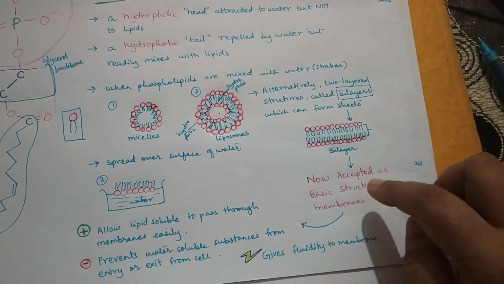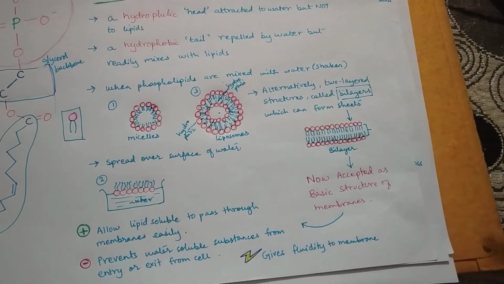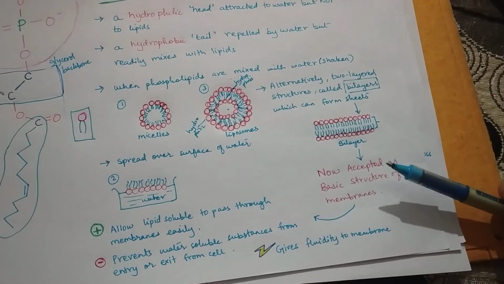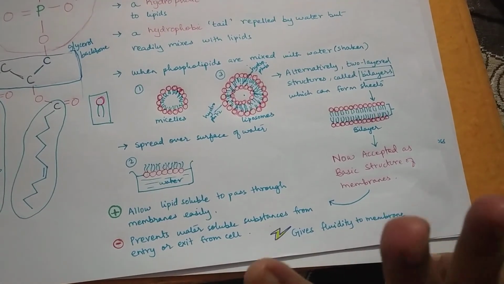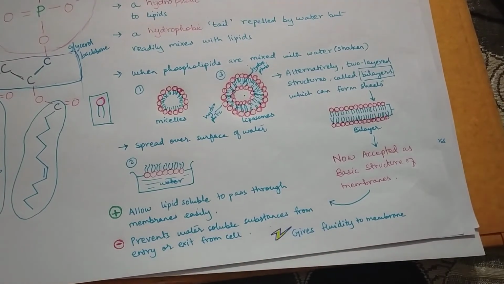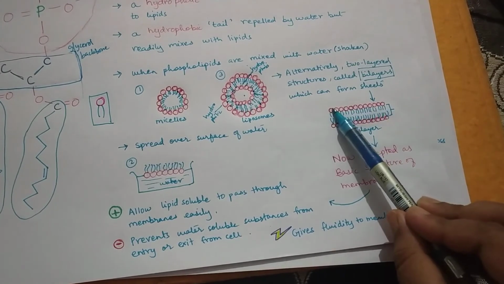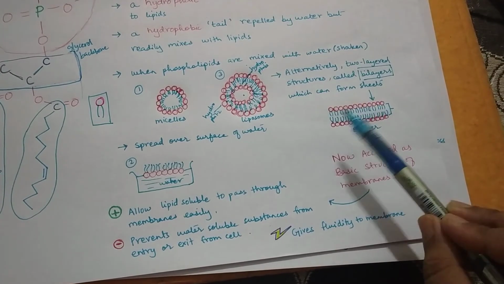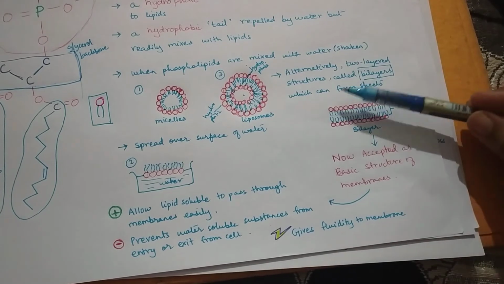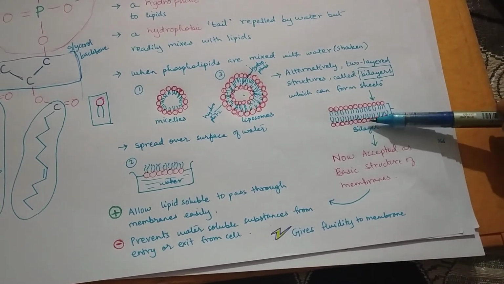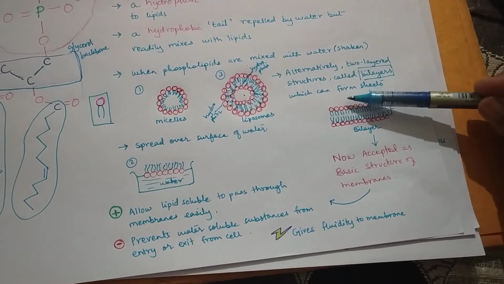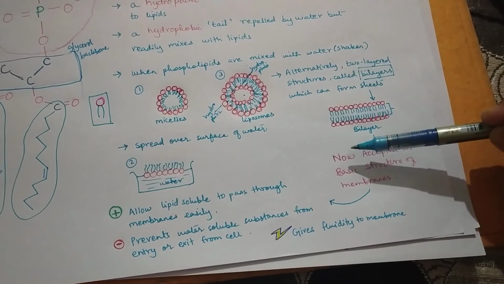Because of this kind of structure, the membrane shows important functions. The first is that the hydrophilic heads are on the upper and the lower surface, they will only attract water in this region, but they will not attract the water in such a way that the water will pass through the membrane.